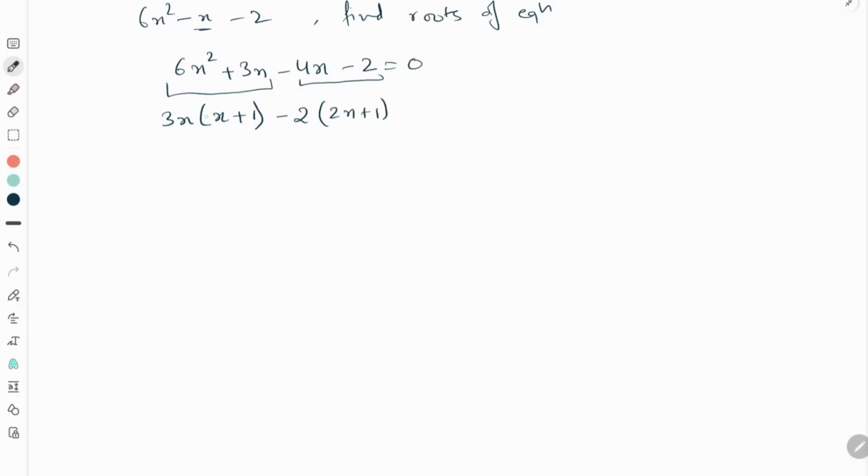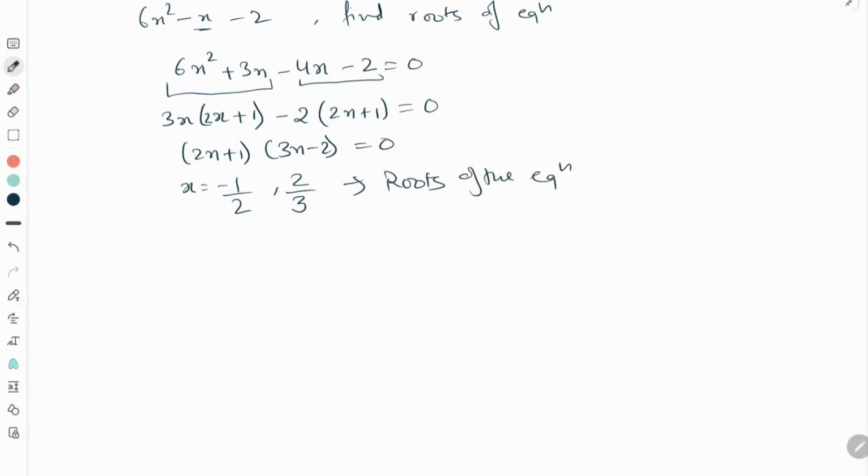In this bracket also you will get 2x + 1, and this is equal to 0. So now you have (2x + 1)(3x − 2) = 0, and from here you can find two values of x, −1/2 and 2/3. So these two values are the roots of this equation.